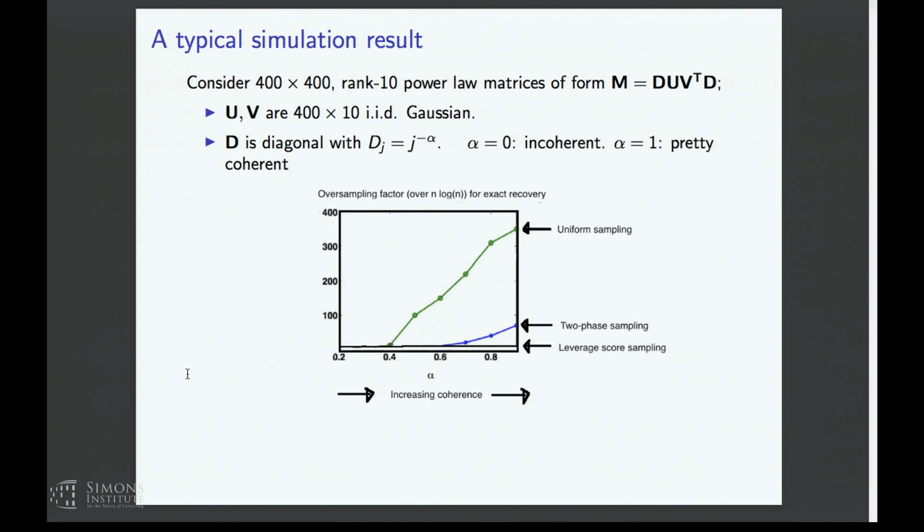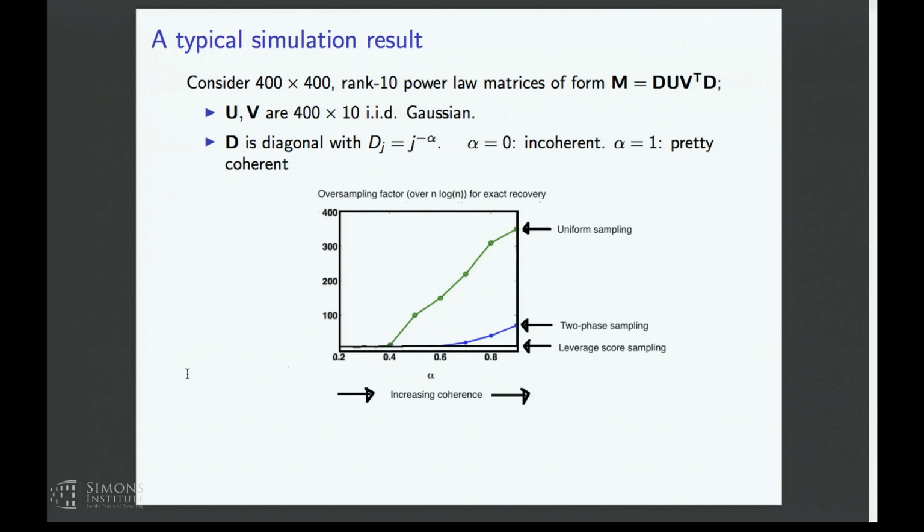And then we did the two-phase matrix completion algorithm on the previous page, and we looked for the oversampling factor we need in order for matrix completion to work with high probability. And so as the coherence increases, we see that we do need more samples with the two-phase sampling, but the sample complexity is far, far better than what uniform sampling needs.